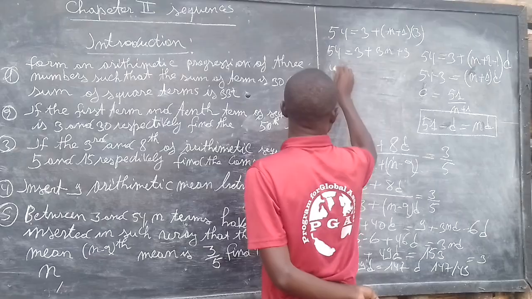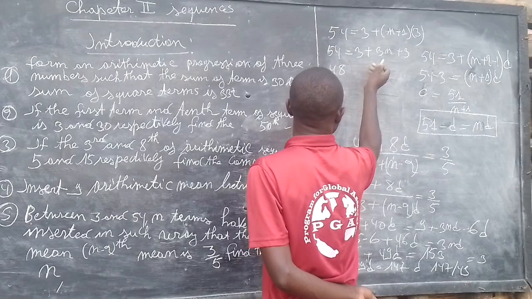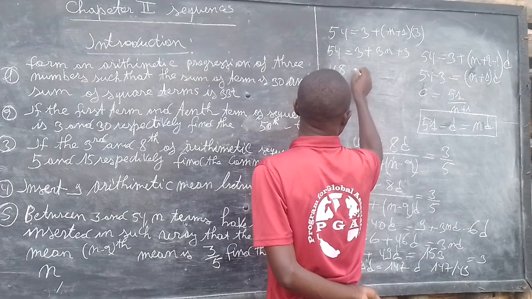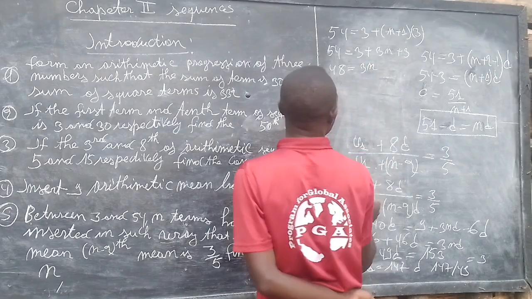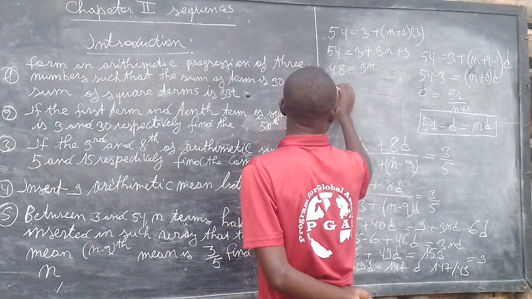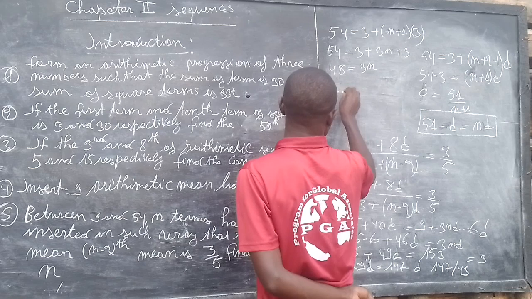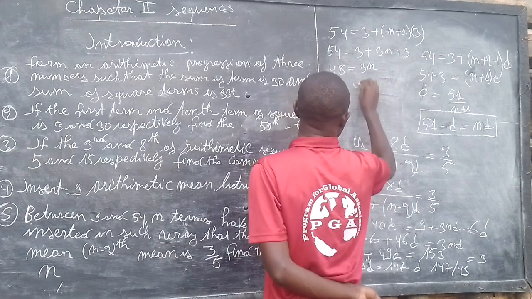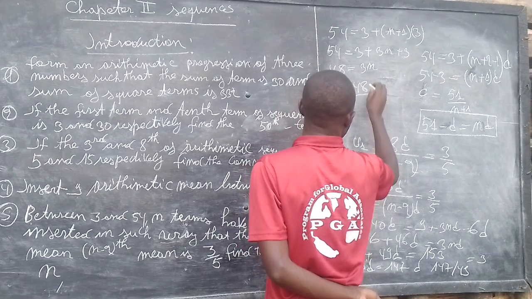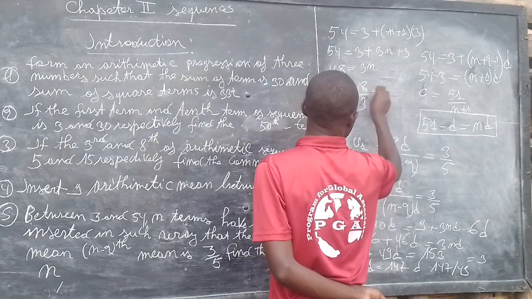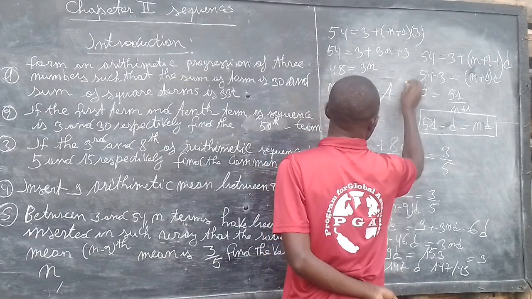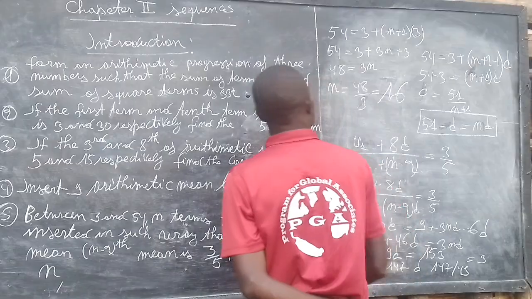Here we will have 48. We have 48, which is equal to 3n. So our n will be equal to 48 over 3, which is equal to 16.